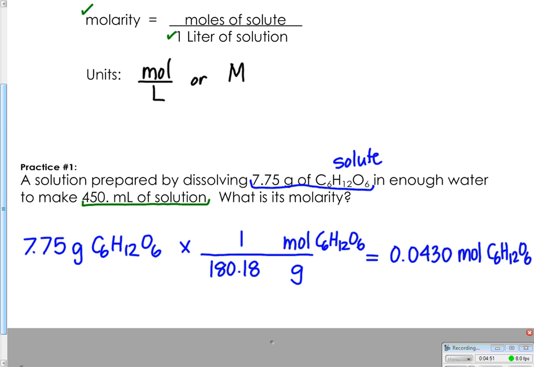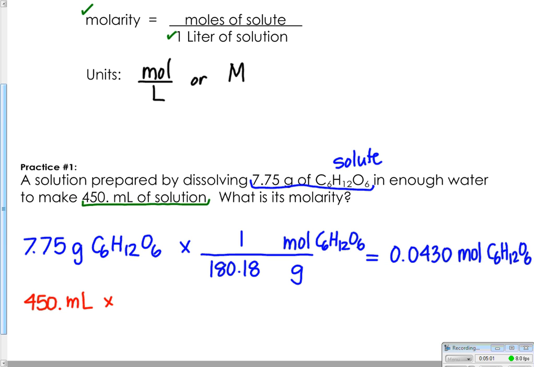Now for the second part of the problem, we were given 450 milliliters of solution. We cannot use milliliters of solution, we have to use liters. So we want to change from milliliters to liters. For every 1 liter, there are 1,000 milliliters, so that is 0.450 liters.